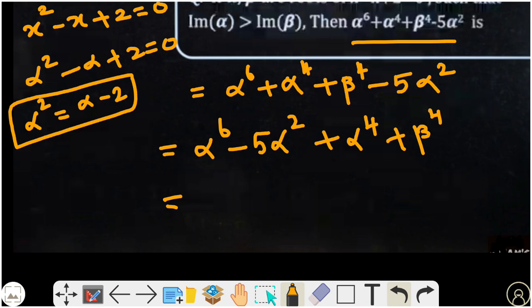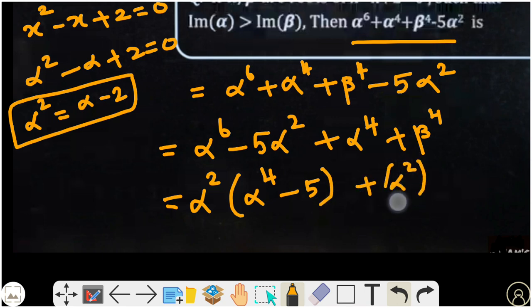Next, here I am going to take alpha square as a common factor. What is the remaining part? Alpha power 4 minus 5, and this can be written as alpha square the whole square plus beta square the whole square.